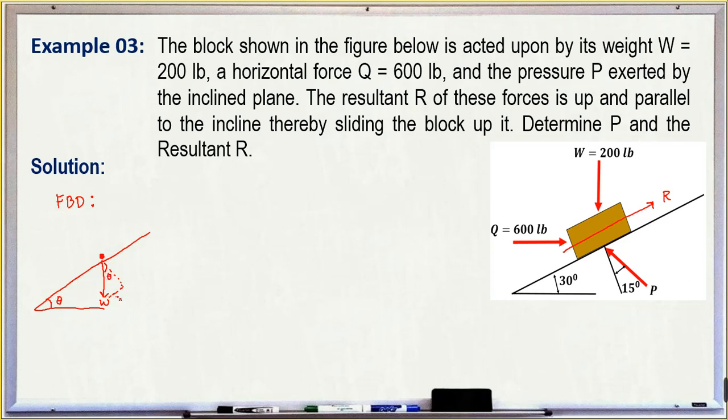So, this is W sine of theta, and then this one is W cosine of theta. Meaning, the component of our weight parallel to the inclined plane is equivalent to W sine of theta. Whereas, ang component niya perpendicular to the inclined plane is equal to W cosine of theta.